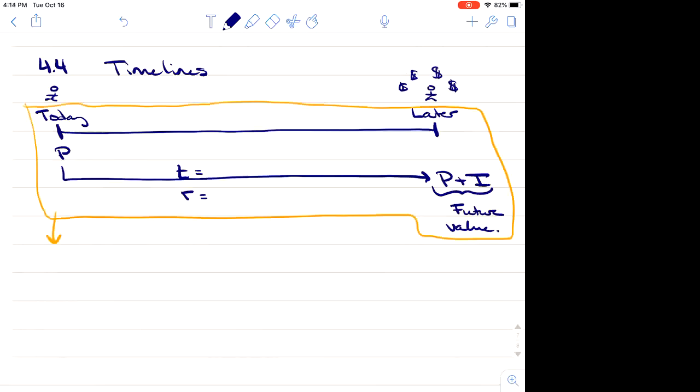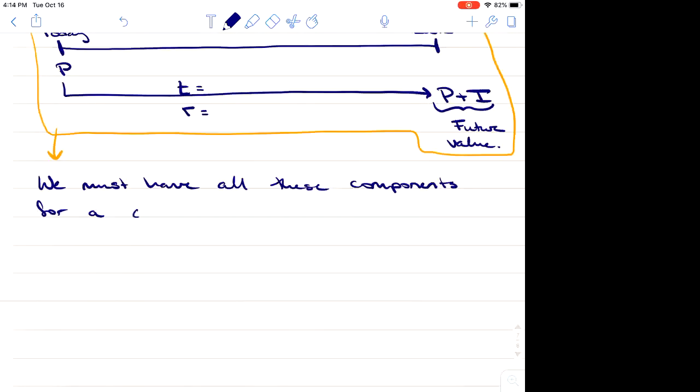That's everything that you have to have for a complete timeline. So we must have all these components for a complete timeline. So that's important.